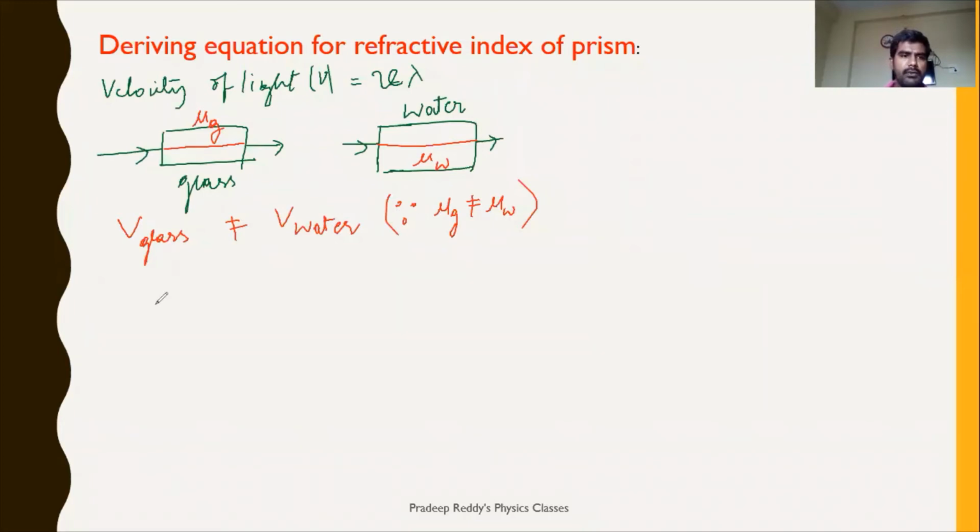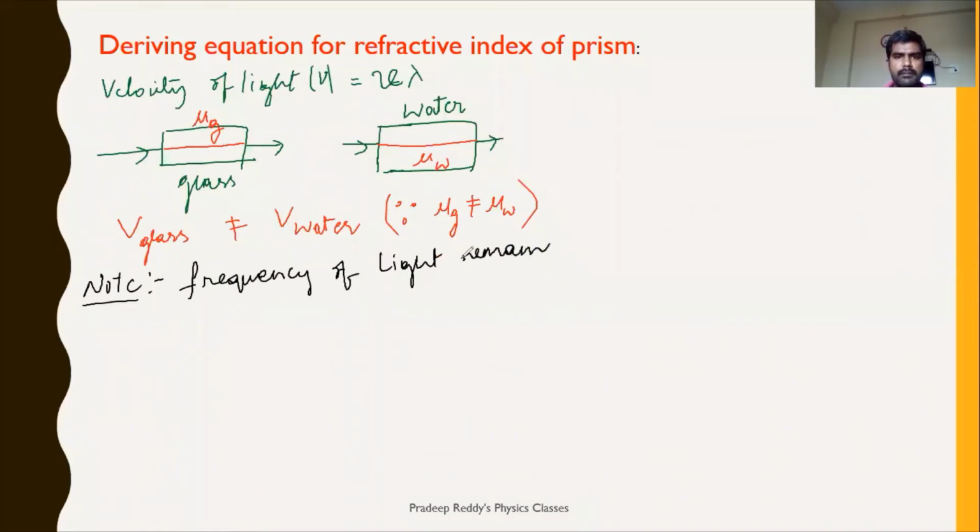So the very important thing to be concluded is, frequency of light remains constant when it travels in different media.